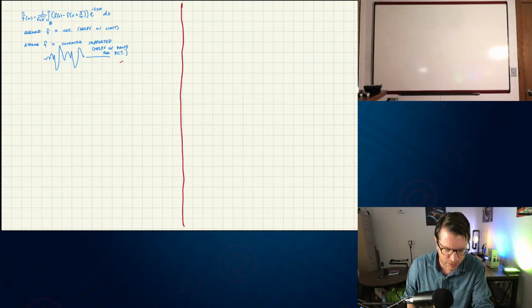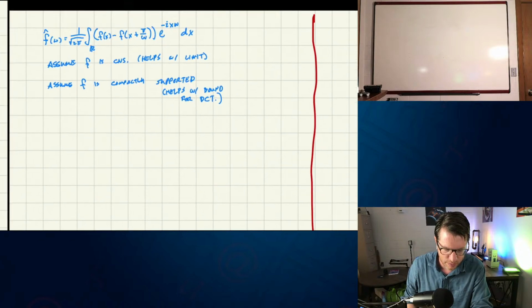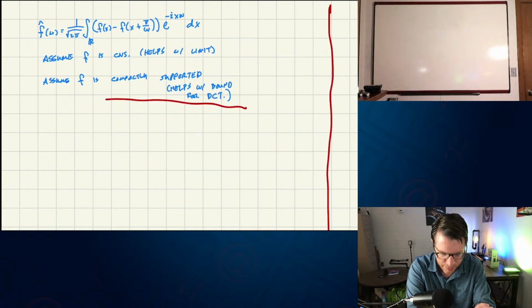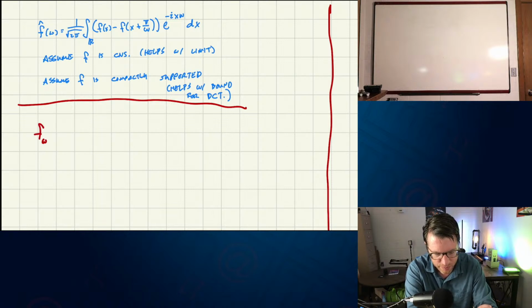Let me go ahead and erase this. Now we're talking about the dominated convergence theorem, and we're going to be defining some f sub omega. This is a sequence that we want to converge to the 0 function.